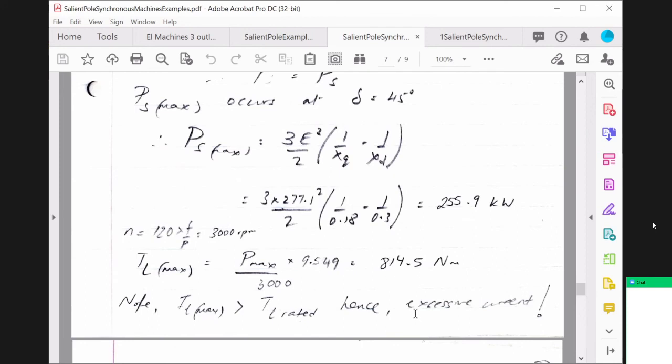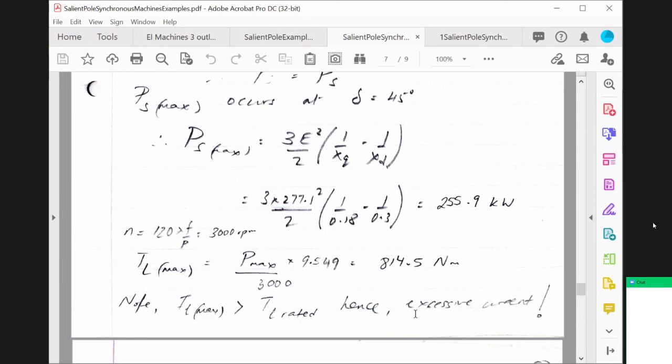So that's your actual load at maximum operating condition for this particular mode of operation, where your field excitation is dropped to 0 and the power is due to the saliency only.